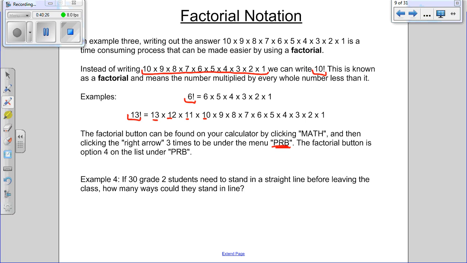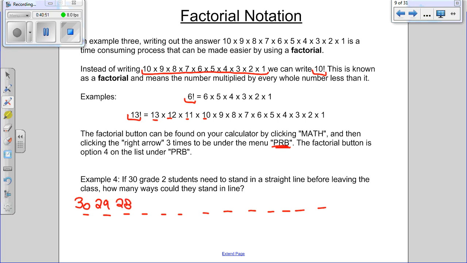How many kids would you have left to pick in the second spot? 29. How many in the third spot? 28. And if you wanted to draw that out, 30 all the way down to 1, it's going to take a long time. Instead, what we say is that there's 30 factorial ways for those students to line up.